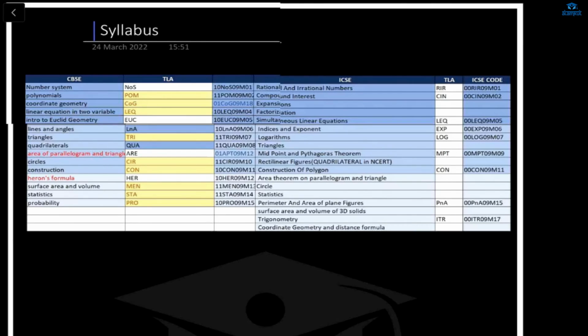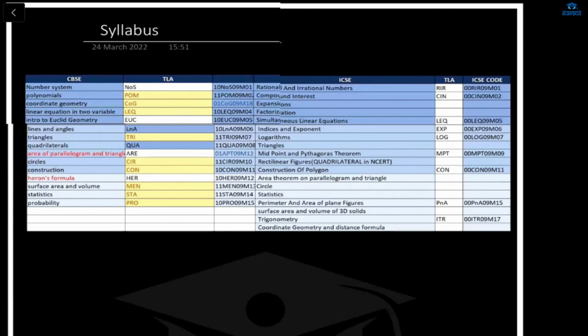I just want to confirm that we cover all the topics before your exam, like congruent triangles, Heron's formula and graphical representation of data, because at the time of the exam you need more practice and more question papers to be solved. Ma'am, right now in school we're doing Heron's formula.